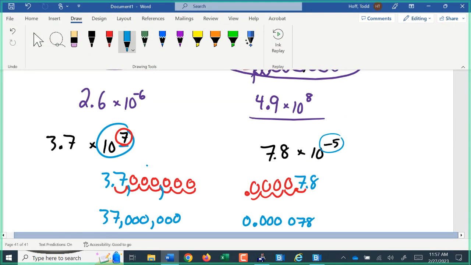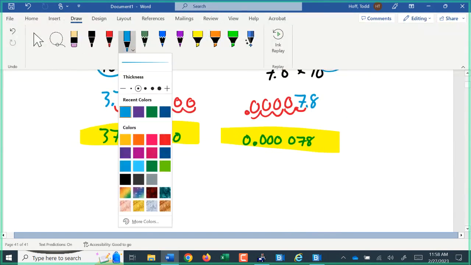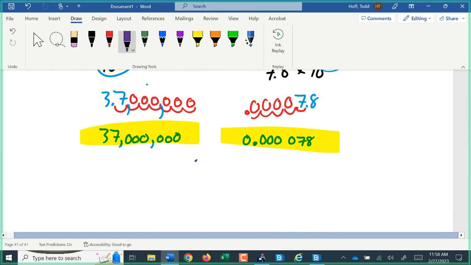Now, one thing I want to point out here, not something we'll be tested on in this class. In this class, our numbers will be in this form. As things move more and more internationally, outside of the US, things are done slightly different. First of all, 37 million. Most countries do not use commas to separate like we do.